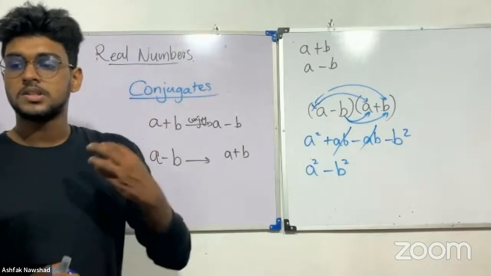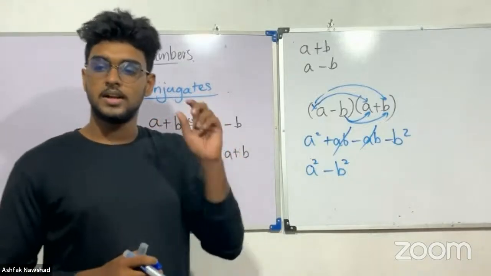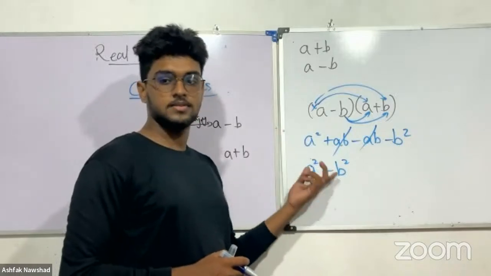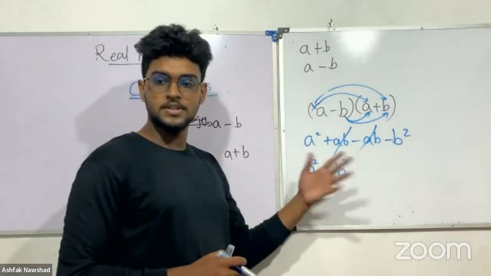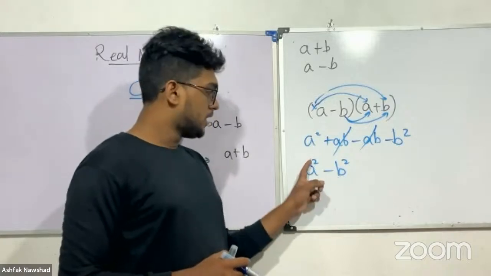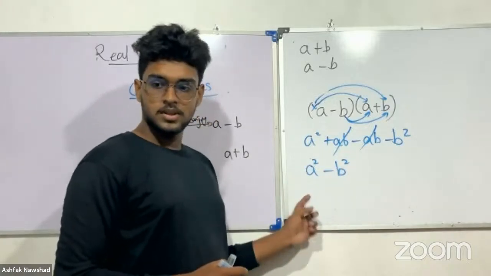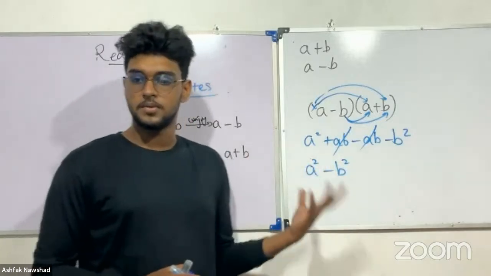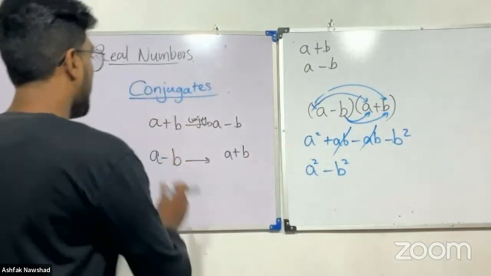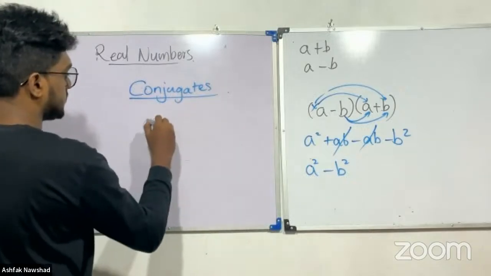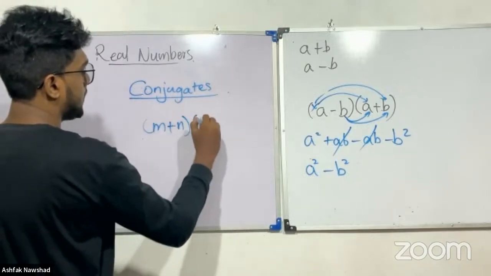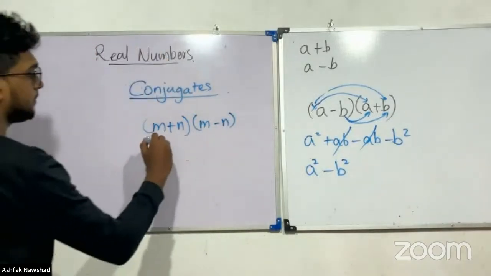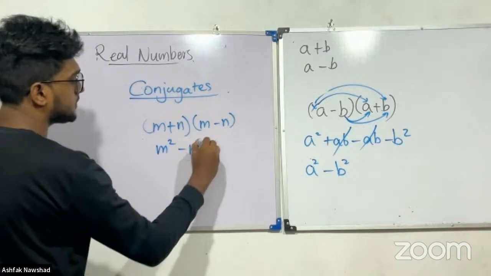So the meaning of difference of two squares you might already know. Difference means subtraction, not sum. Sum means addition. Here are two square values, and these two square values are subtracted. That's the meaning of difference of two squares. So for any two conjugate expressions, for example M plus N and M minus N, if you multiply them, you will end up with M squared minus N squared.